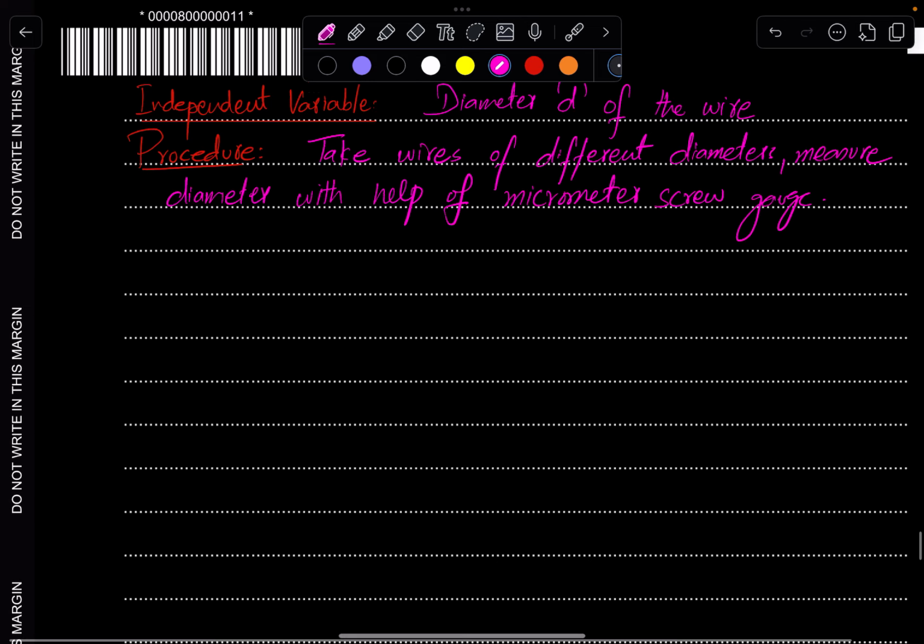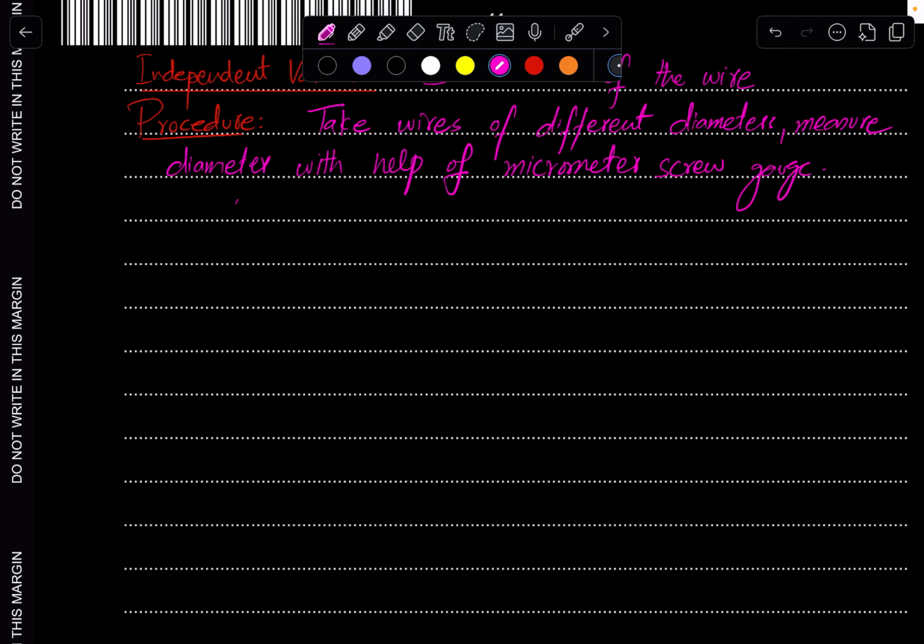Then we will connect one fuse wire and turn on the power supply. Now the power supply is on and the wire is installed. You have to change the current until the fuse melts, and note the value from the ammeter.